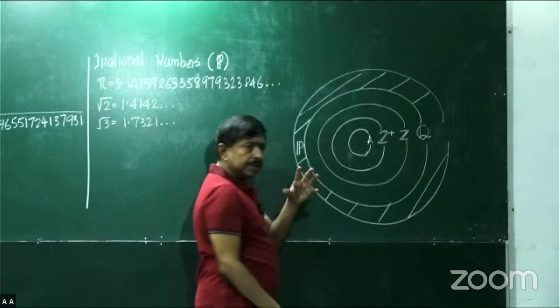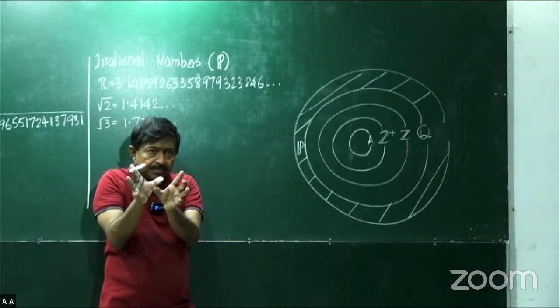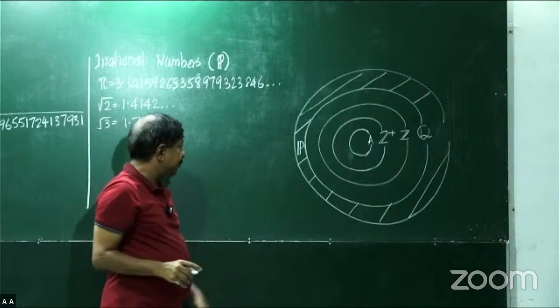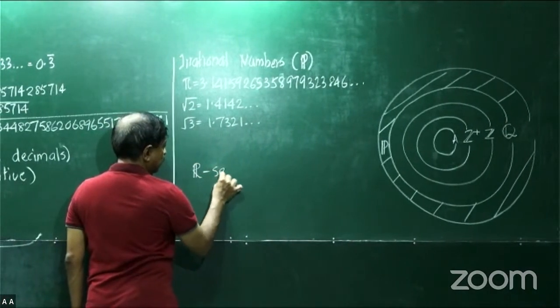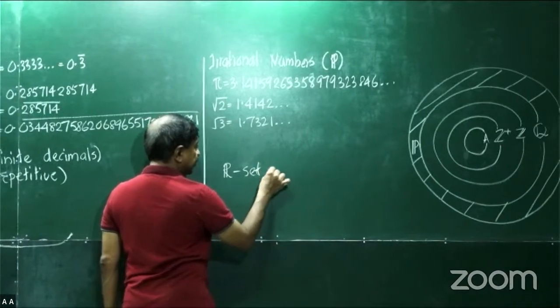If you combine both sets, you get the set of real numbers.